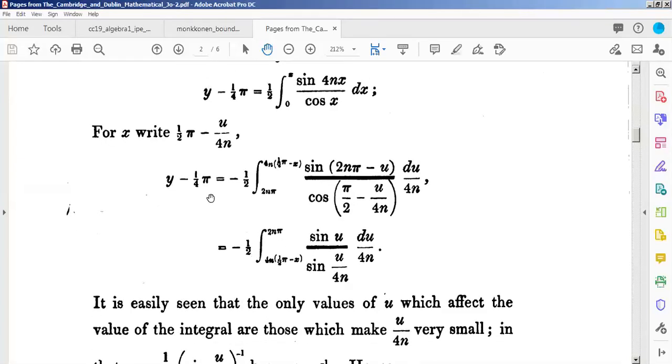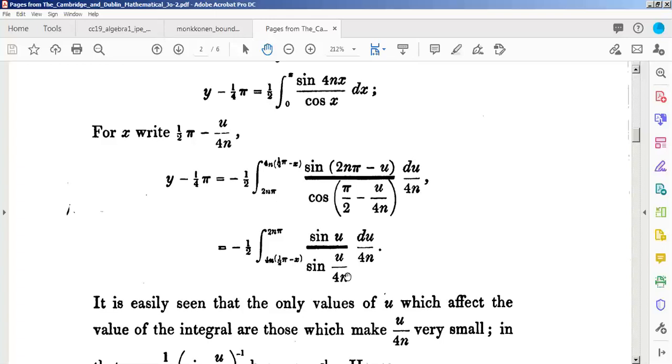And so this is now y equals 1/4 pi minus 1/2 integral from 4n times 1/2 pi minus x, all the way up to 2n pi, of sine u divided by sine u over 4n, times 1 over 4n. And so this is a new expression for y sub n.